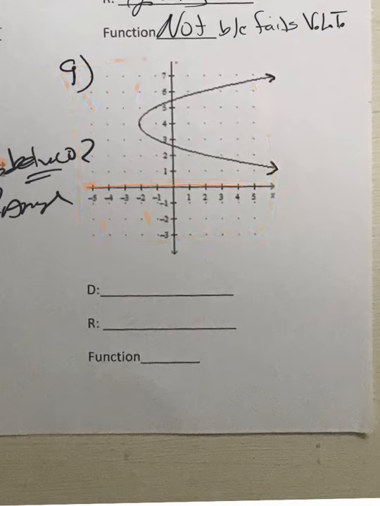The sideways parabola is only from here on. Right? It's only from this part on. So the parabola is not all real numbers.